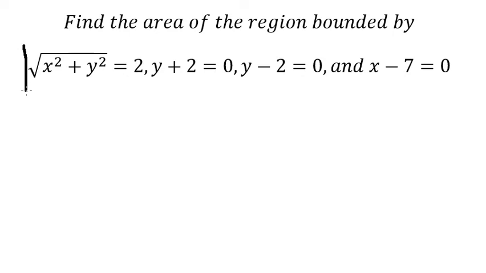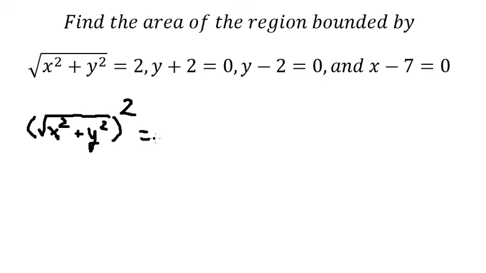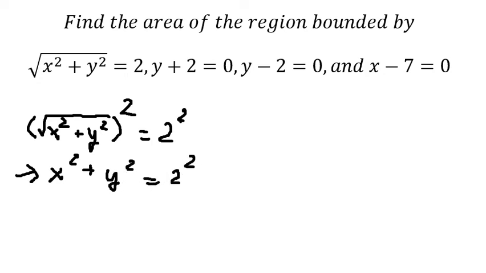First, I need to concentrate on this equation. So we put the power 2 on both sides. So this one, we have x squared plus y squared equals 2 to the power of 2.